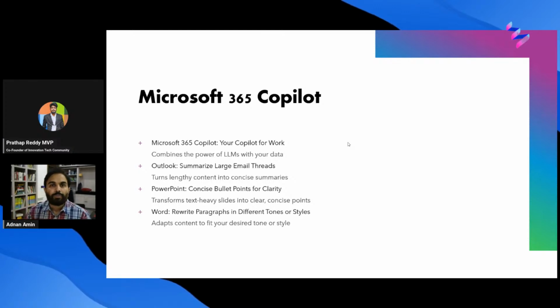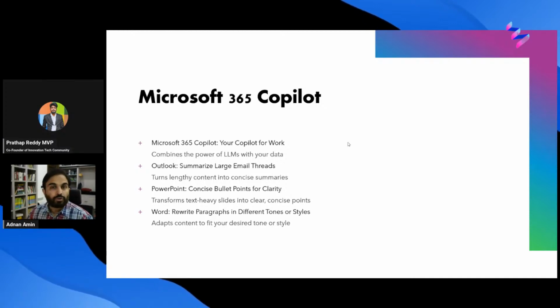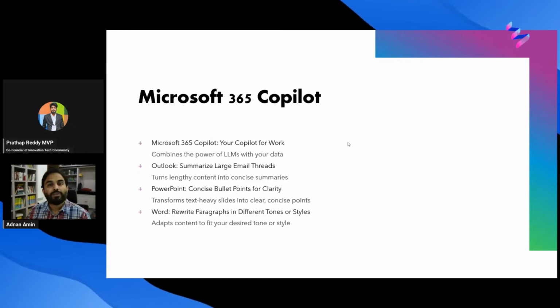I can ask Copilot to generate a proposal for this project based on these meeting notes and this specification template. So it will generate the proposal document for me by fetching the information from the template and from the meeting minutes. And if any work breakdown structure is defined, it will also include that. And I just need to do some basic modifications.